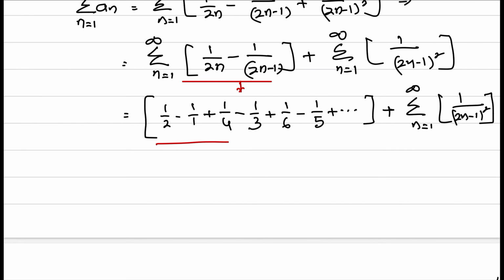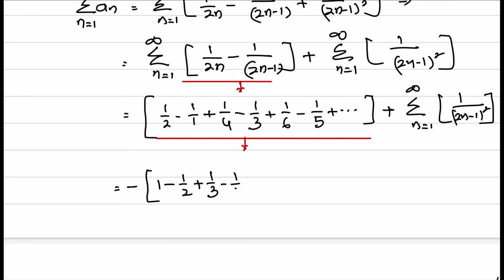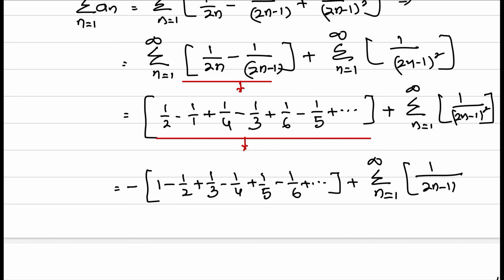If you think of this value, this can be written as: let us take minus out, then it will be minus of (1 minus half plus 1 by 3 minus 1 by 4 plus 1 by 5 minus 1 by 6) plus sigma n equal to 1 to infinity 1 by (2n minus 1) whole square.